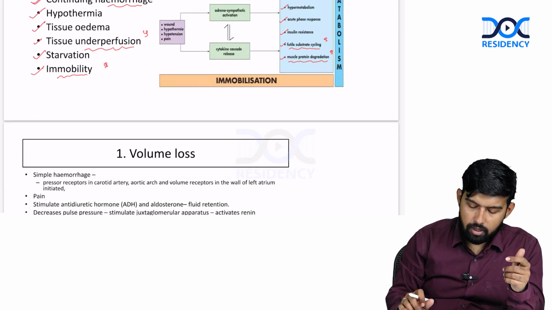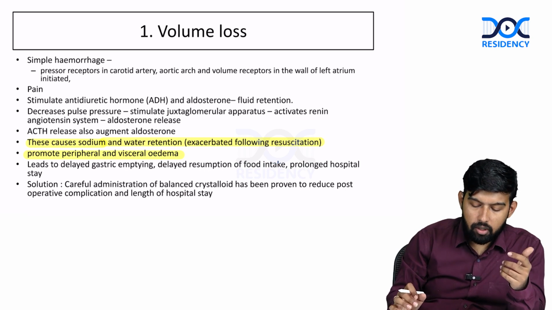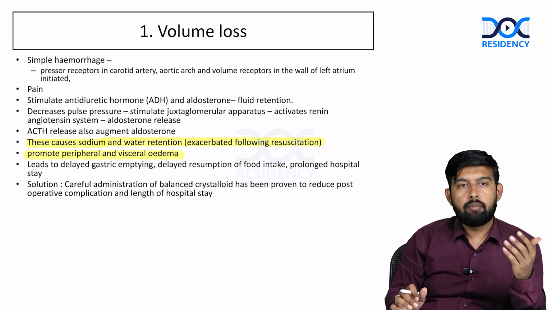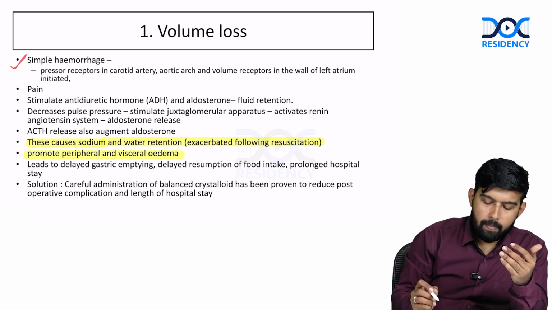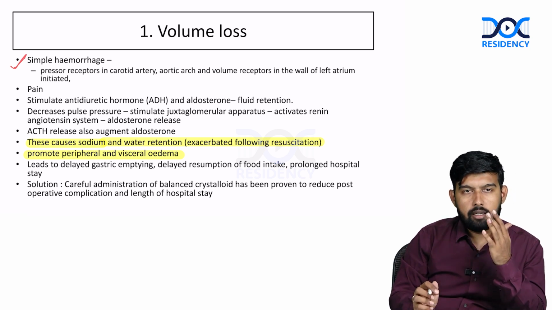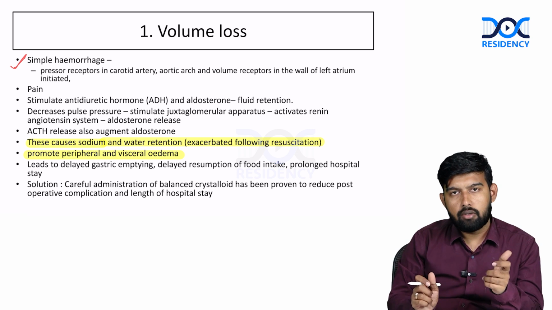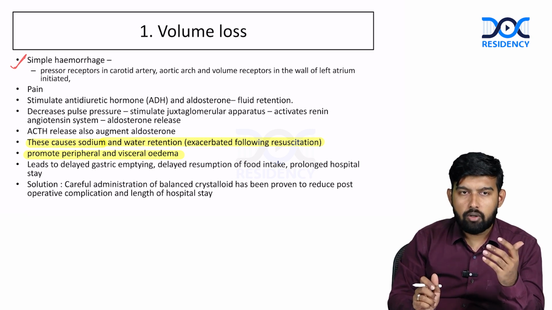So let's see one by one why the volume loss happens. It can happen due to simple hemorrhage, which can be treated by careful ligation of the vessel or correction of the coagulopathy.